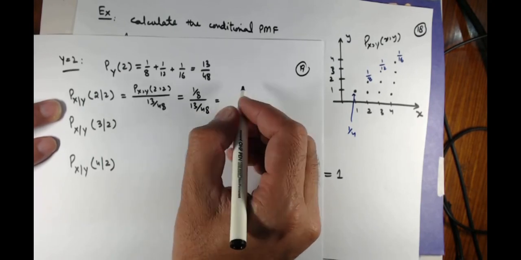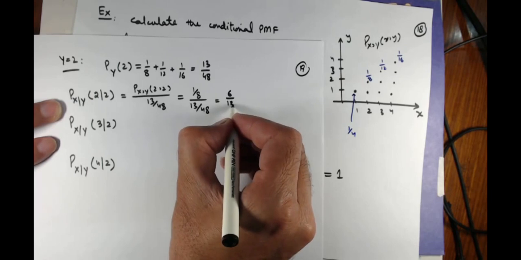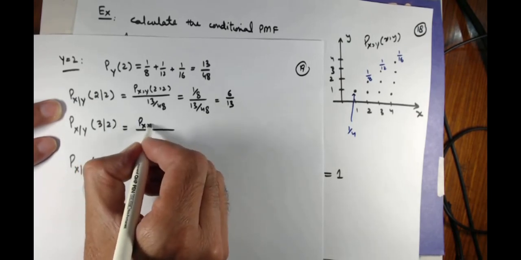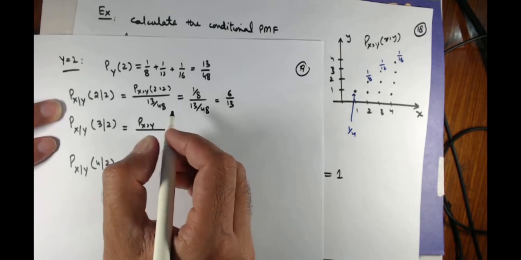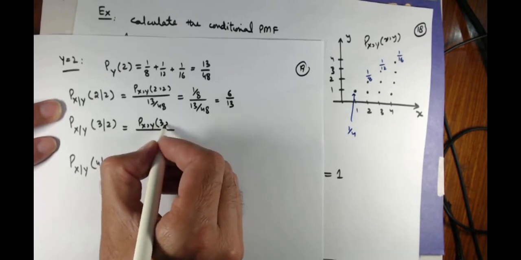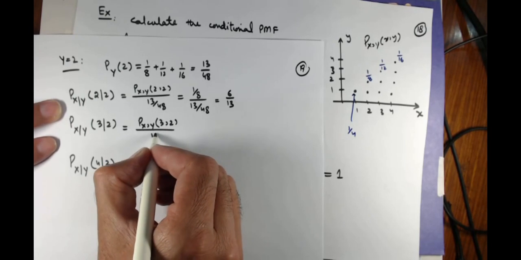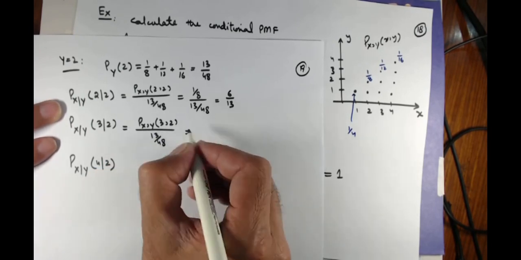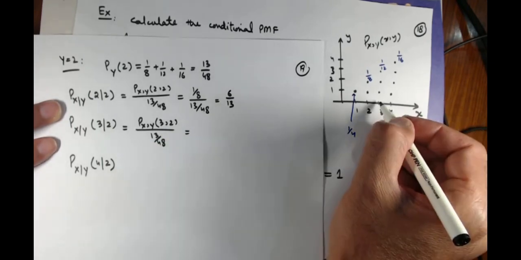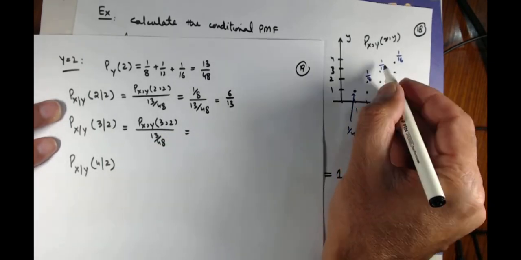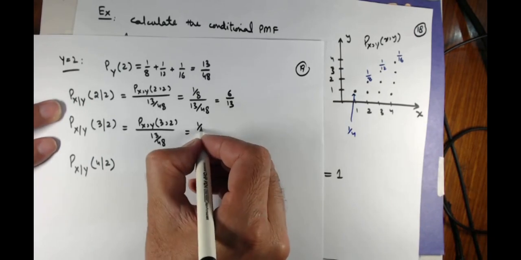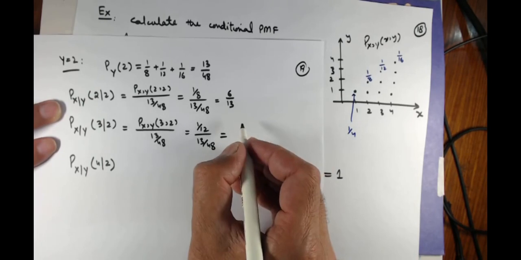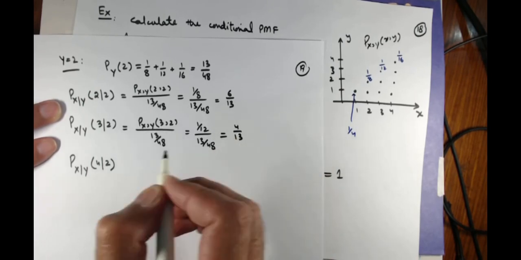So this becomes 6 by 13. For this we have P sub X comma Y of 3 comma 2 divided by obviously the common denominator 13 by 48. So 3 comma 2 is X is equal to 3, Y is equal to 2. This particular point with probability 1 by 12 divided by 13 over 48. So that turns out to be 4 over 13.